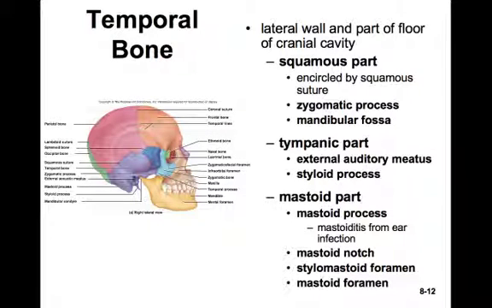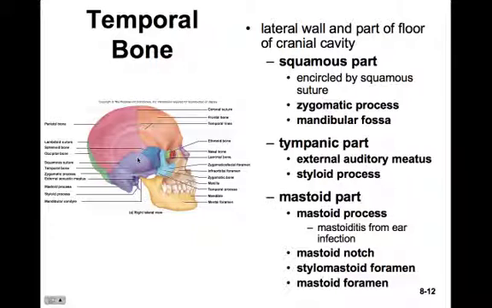Next, the temporal bone. The temporal bone is shown here in purple. It forms the lateral wall and part of the floor of the cranial cavity. It has three parts: the squamous part, the tympanic part, and the mastoid part. You'll want to be familiar with each of these particular parts. The squamous part is encircled by the squamous suture right here.